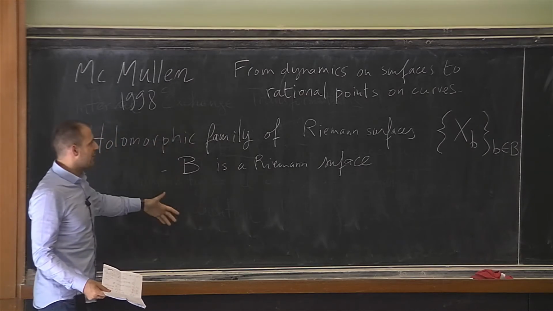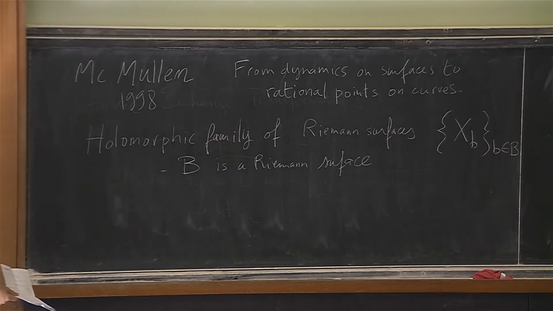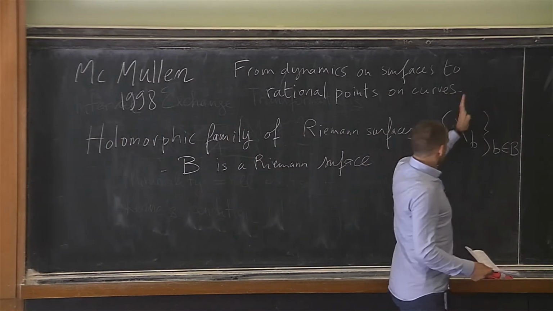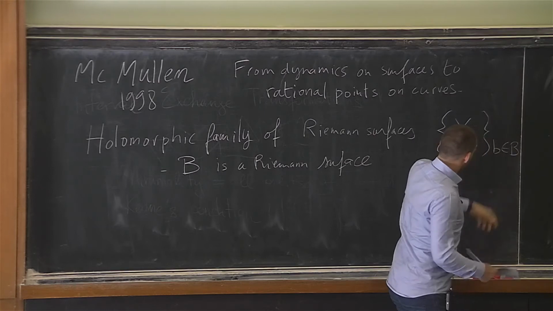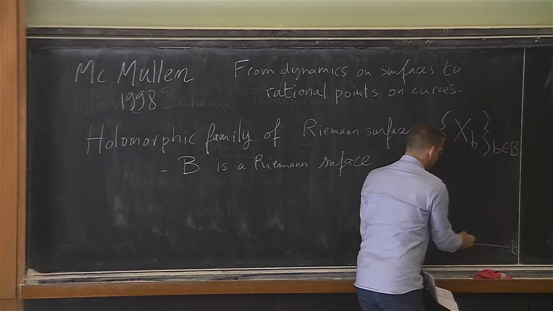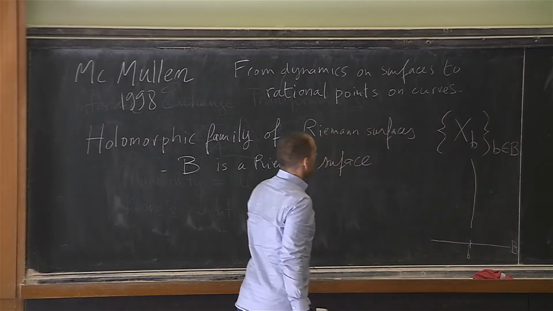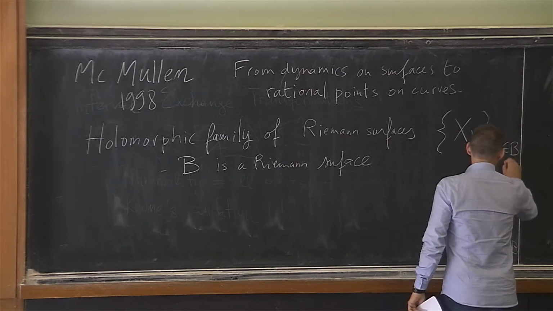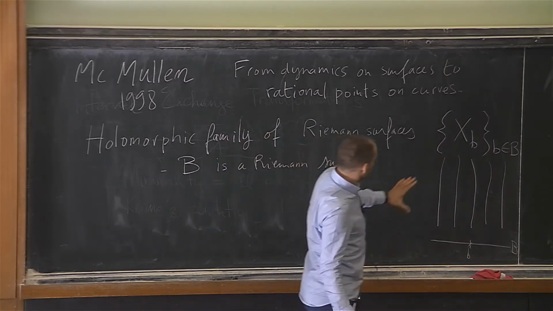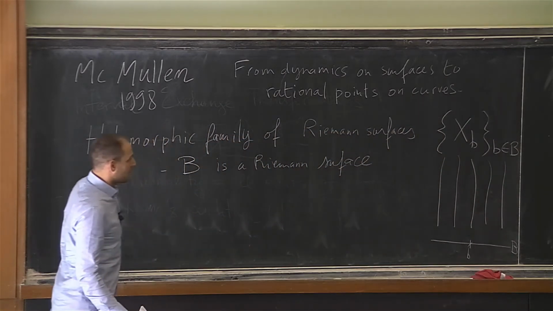In the following definition, I'm going to follow the point of view given by Kodaira in his deformation of complex manifold theory. So we put B below, and we think of the Riemann surfaces as something which is above B. We have an analytic space, which is a union of all these Riemann surfaces of our family.